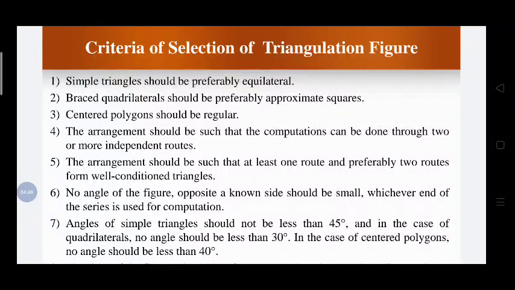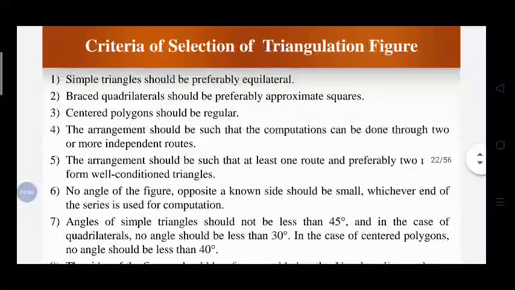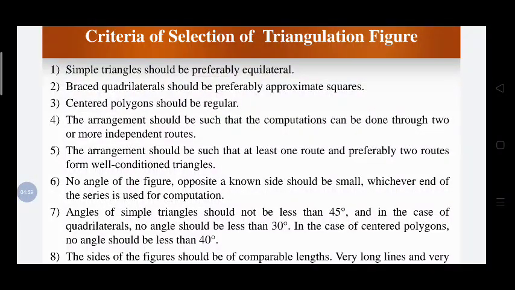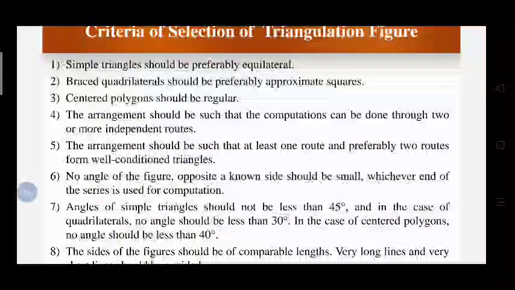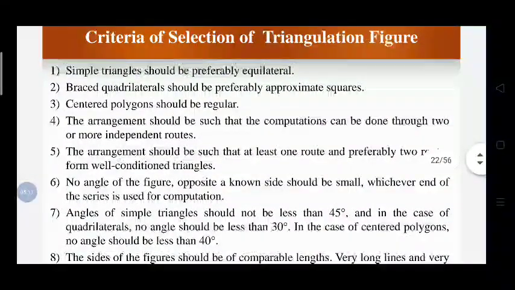Next is criteria of selection of triangulation figure. So how do we decide the triangulation figure here? Simple triangles should preferably be equilateral. Now the triangles are of different types, such as equilateral triangles, having all sides equal, isosceles triangles, where two sides are equal, and well conditioned triangles.